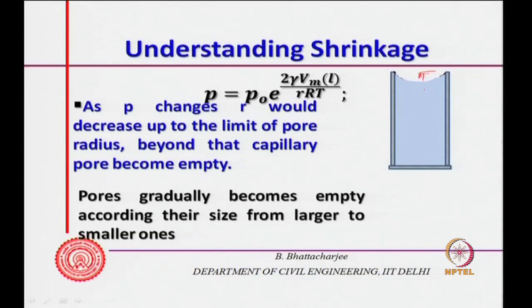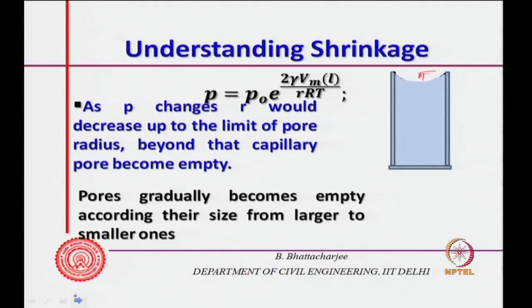In the case of drying, the vapor pressure changes, the pore curvature changes, and a time comes when the curvature radius of the surface and the radius of the tube are the same. Beyond that, if the pressure still changes, the pore will become completely empty.